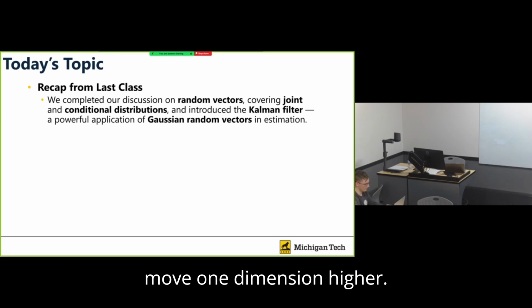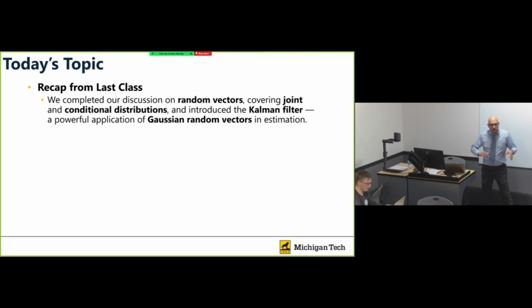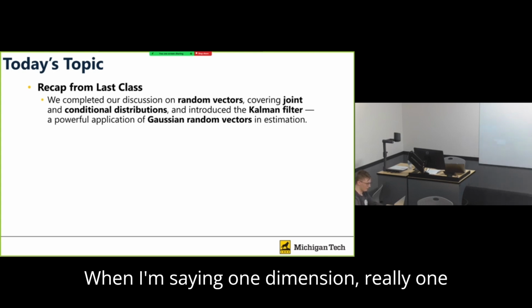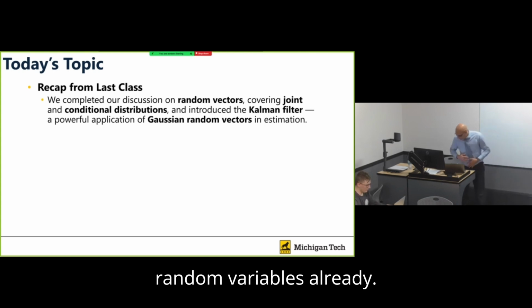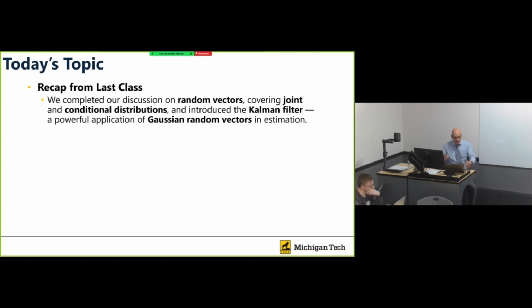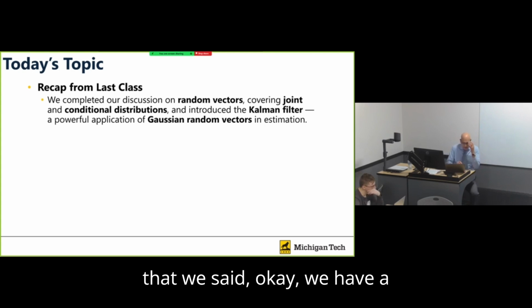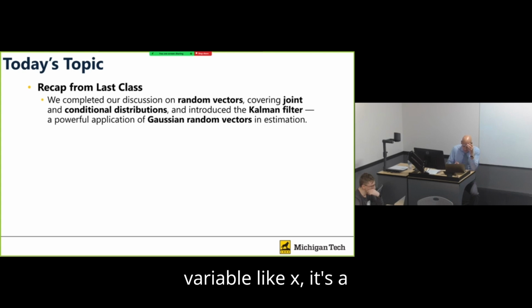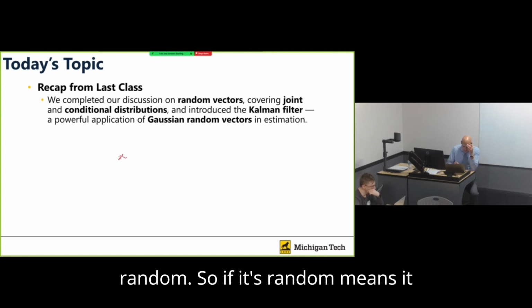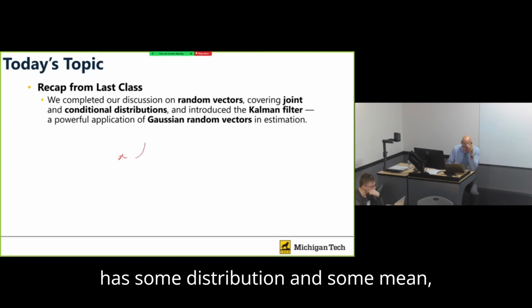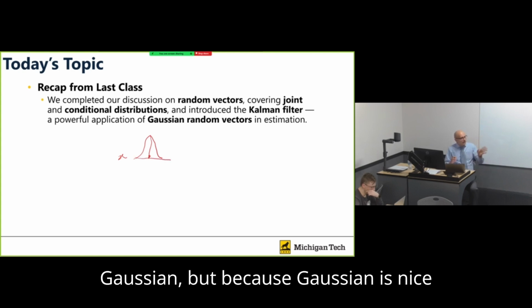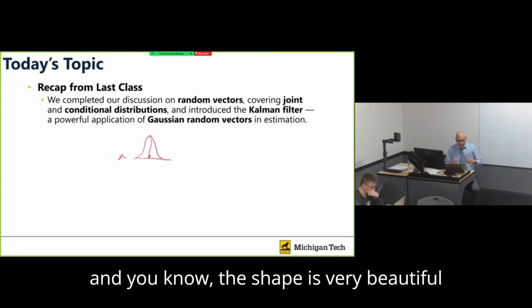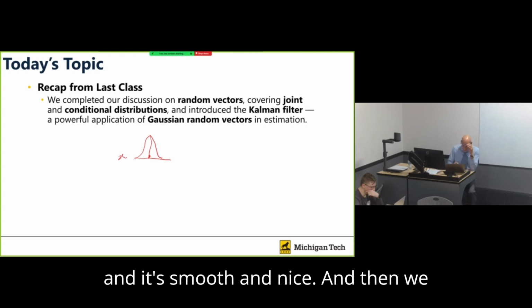But from now, we're going to move one dimension higher. When I'm saying one dimension higher, really one dimension higher. We talked about random variables already, where we said we have a variable like x that is random. If it's random, it has some distribution and some mean. My examples are Gaussian, because Gaussian is nice and the shape is very beautiful, smooth and nice.